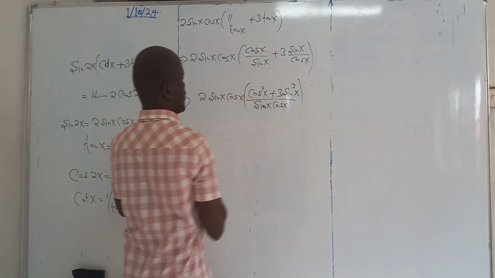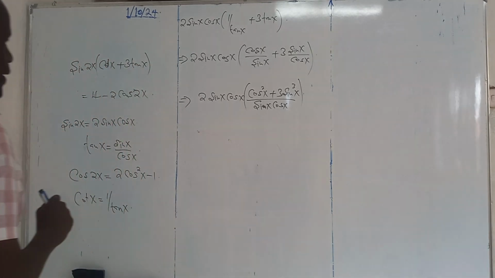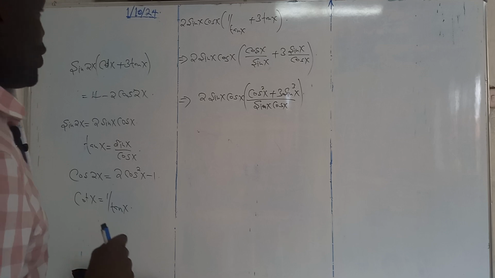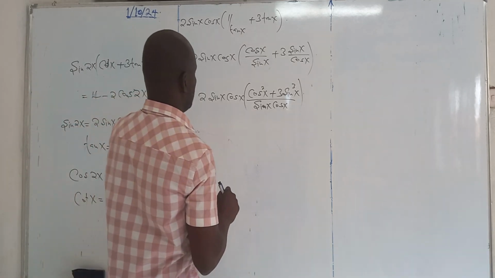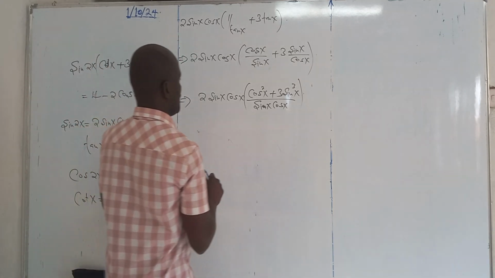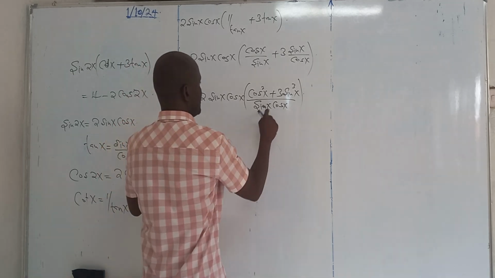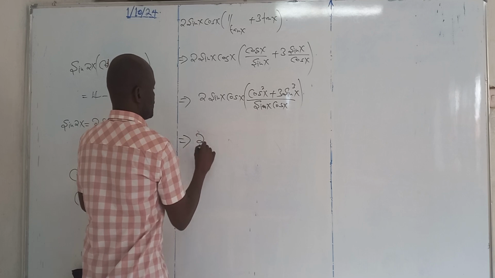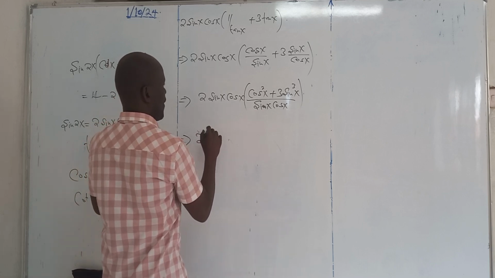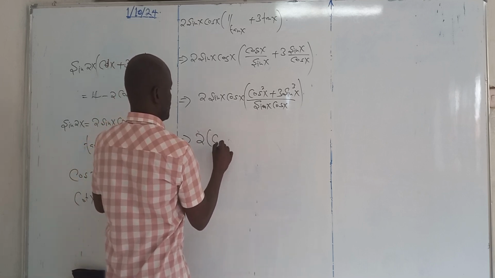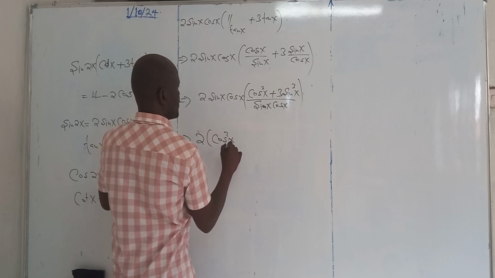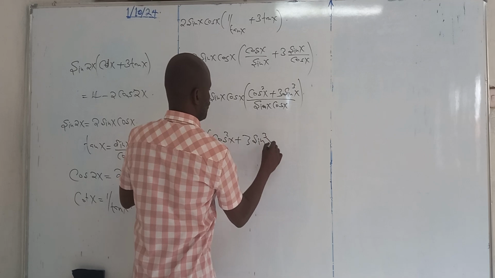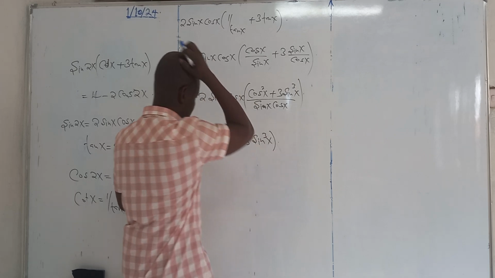So straight away we should see that this divides this. And now we have 2 into cos squared x plus 3 into sin cubed x, like that.